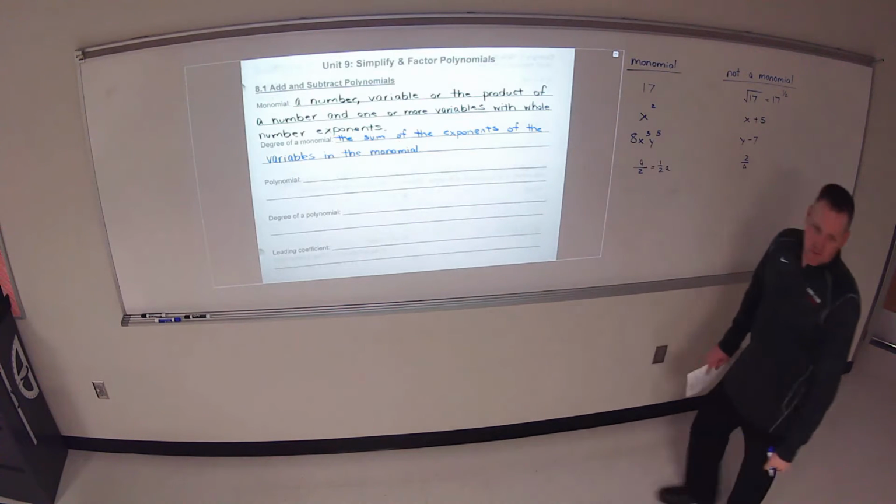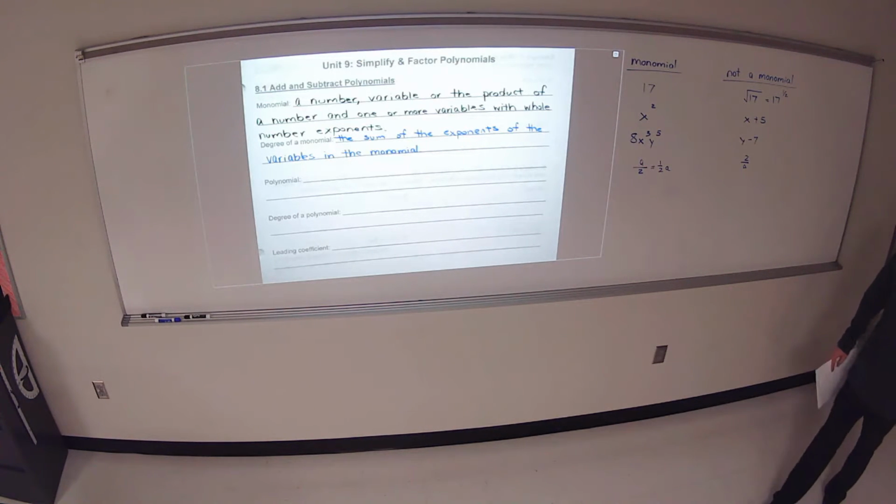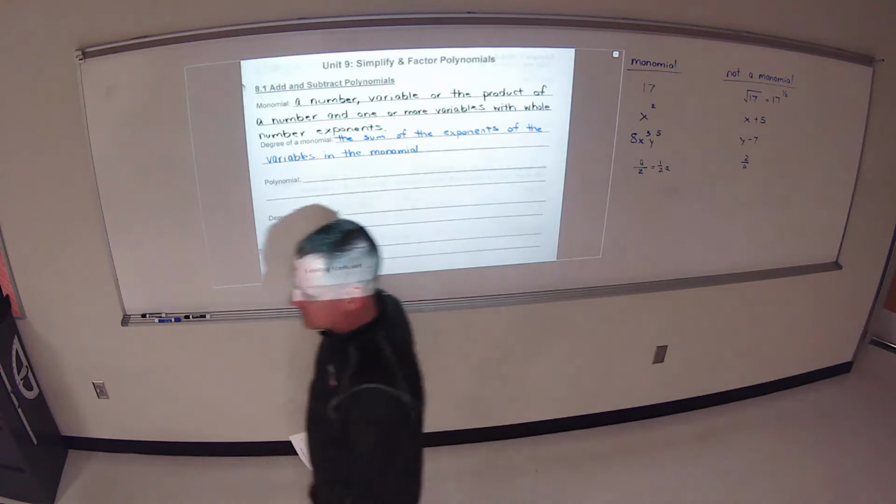The sum of the exponents of the variables in the monomial.